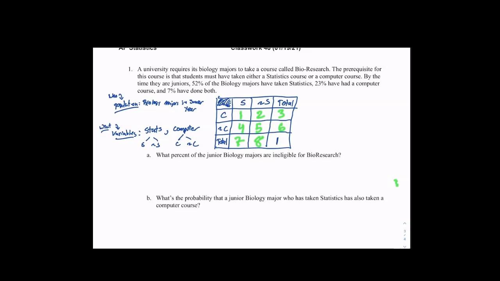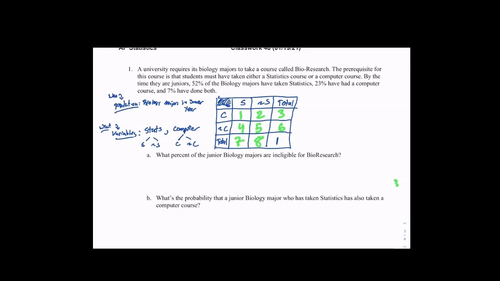It is not 5. Once again, it does not mention computer science. So it cannot be any of the computer science boxes. Computer science is listed in the rows. So because this question does not mention computer science, we can eliminate 1, 2, 3, 4, 5, and 6, and there's my answer.